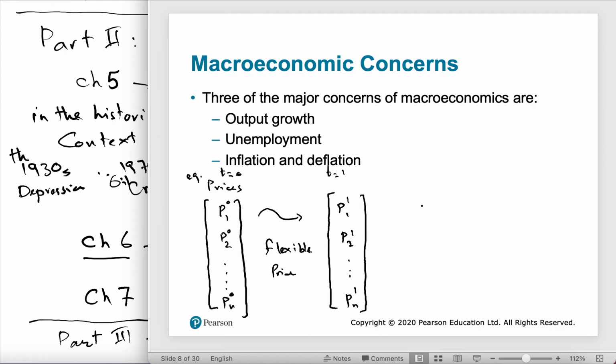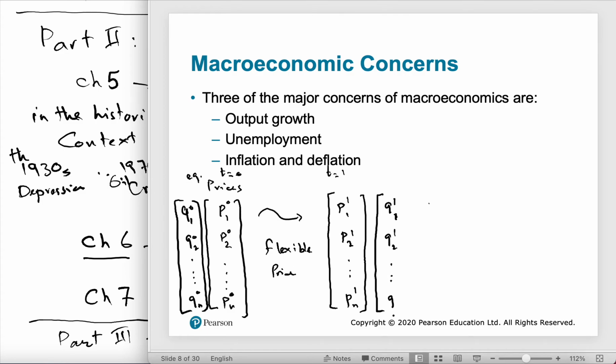We have a set of quantities: quantity 1 in time 0, quantity 2 in time 0, and quantity n in time 0. And then here I write it on this side, quantity 1 for the year 1, quantity 2 for the year 1, and quantity n for the year 1. So if these are flexible, the quantities and things are gonna change.